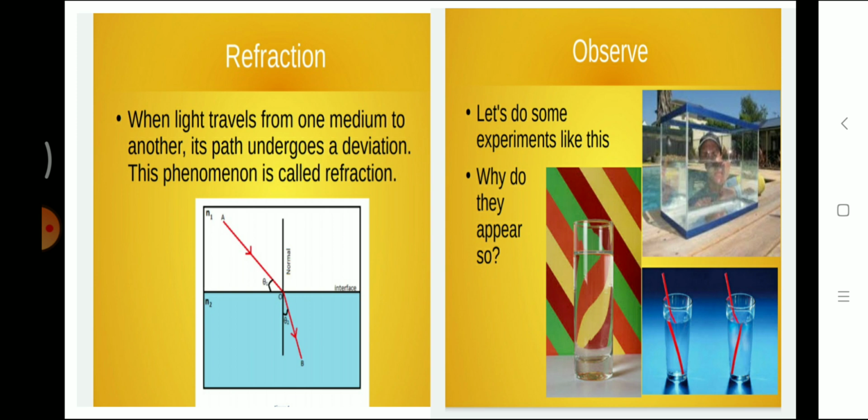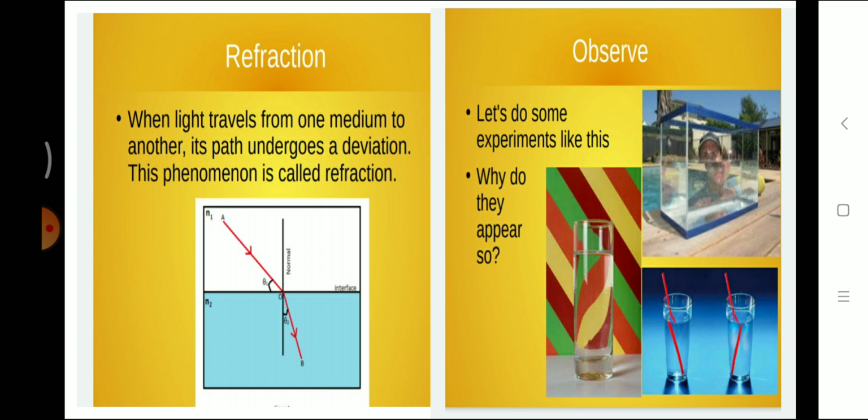Dip that material in water and observe. What is the observation? Yeah, you may feel that the material is bending. Actually, is it bending? No, nothing is happening to that straw or pencil.